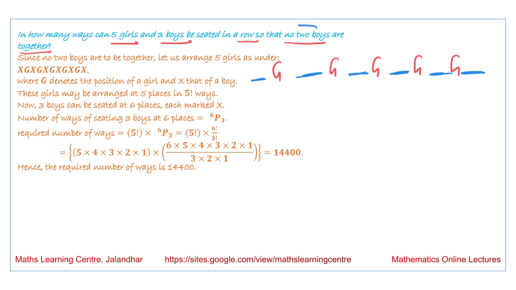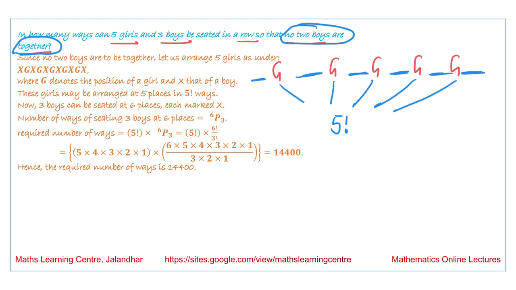It is given that no 2 boys are together. So the girls can be arranged in 5 factorial ways. We are talking about the position of the girls.